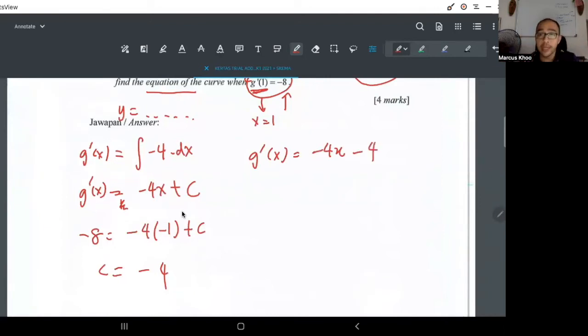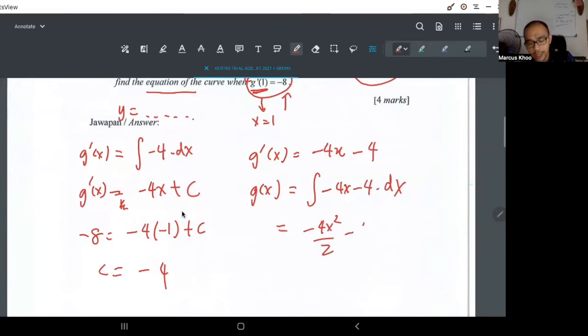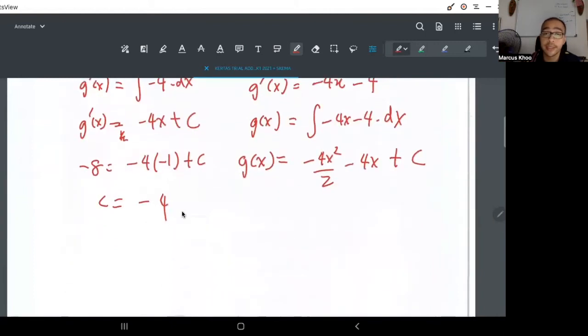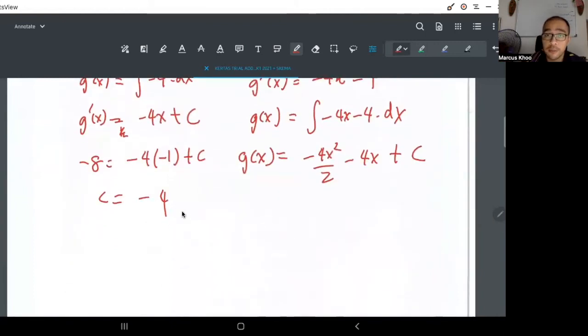Then we integrate again because we want just g(x). So g(x) is the integration of negative 4x minus 4 with respect to x. You get negative 4x squared over 2 minus 4x plus c. Now this is the problem: what is the value of g(x) and what is the value of x? We don't know.